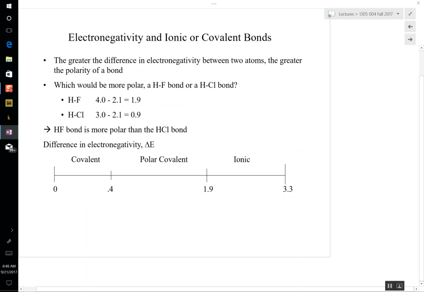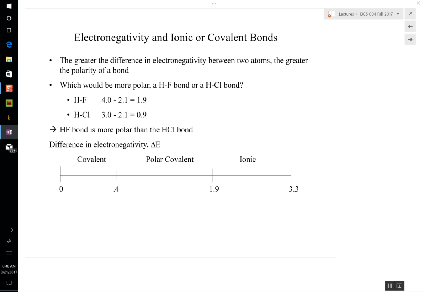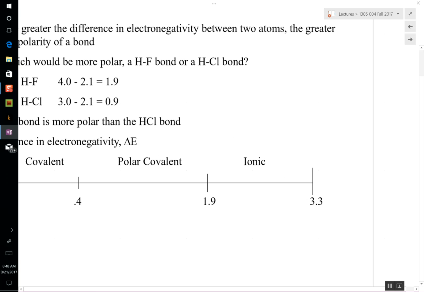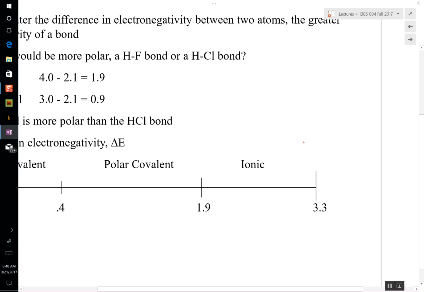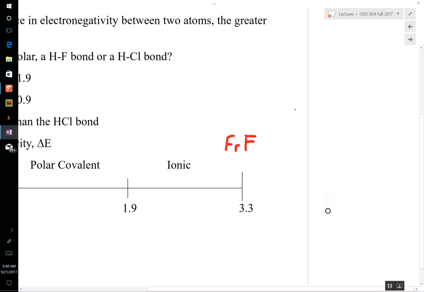All right, here's how we're going to use that. Now remember, let's look at this number right here. Where am I getting that number? If I take francium and I react it with fluorine, fluorine has an electronegativity of 4.